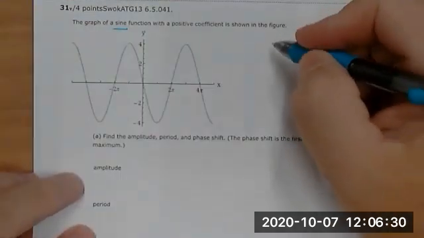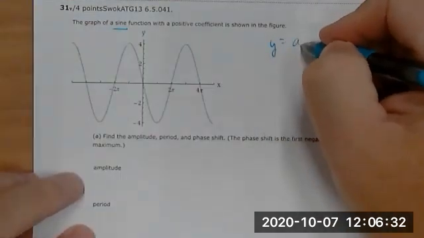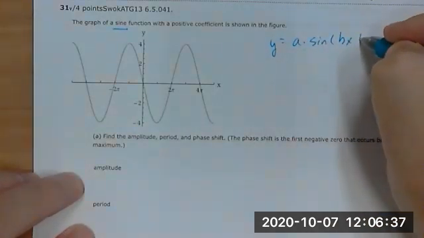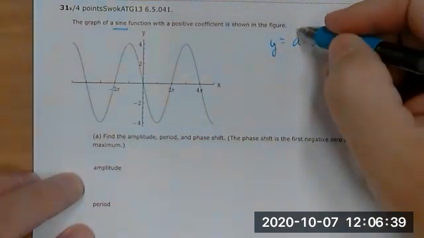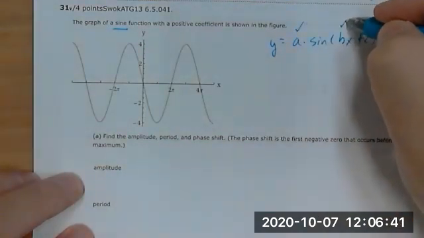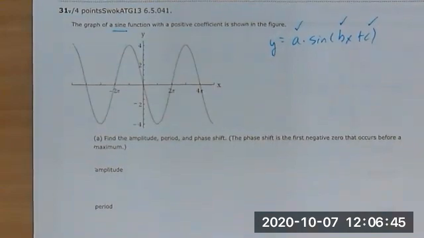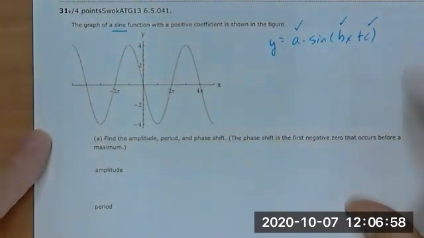So the standard equation is A times sine, and in parentheses Bx plus C. So basically we have to figure out A, B, and C. Once we figure out what those are, we've got the equation. And we're going to figure out A, B, and C from the amplitude, the period, and the phase shift, which we should be able to figure out from looking at the graph.